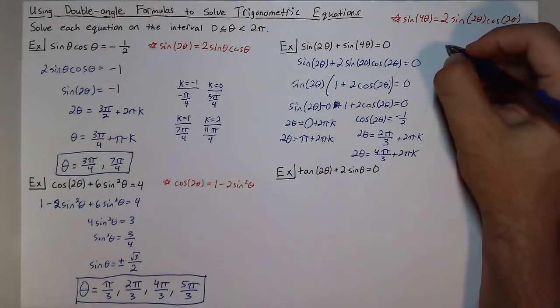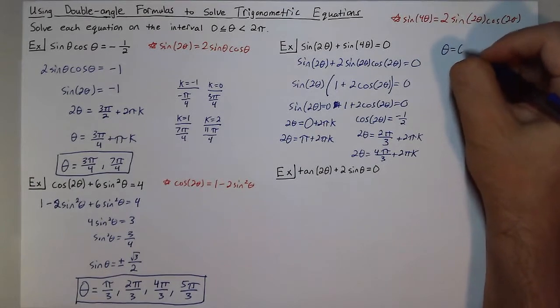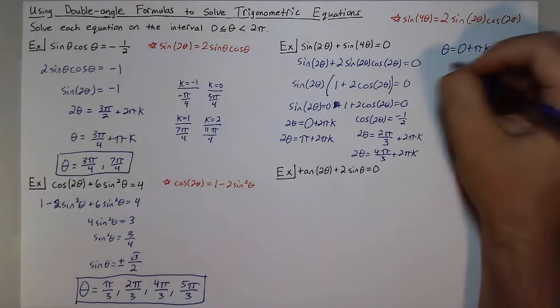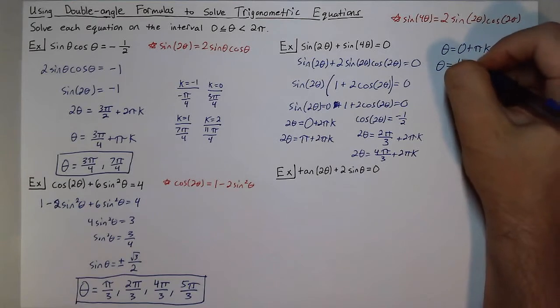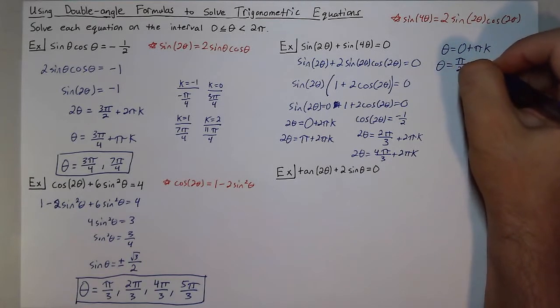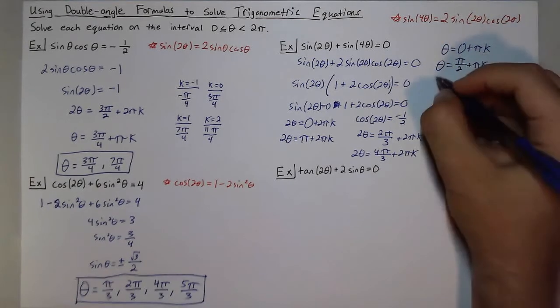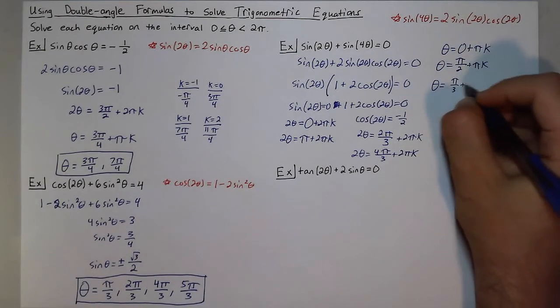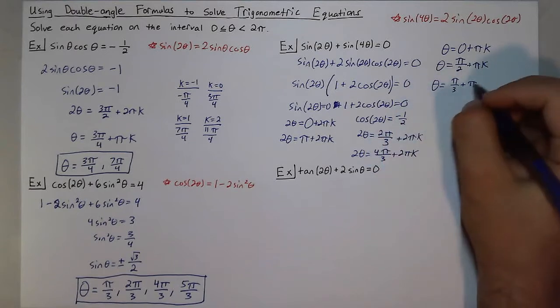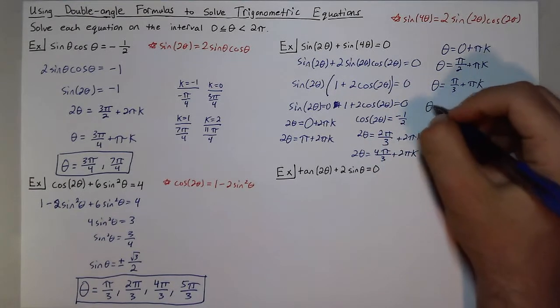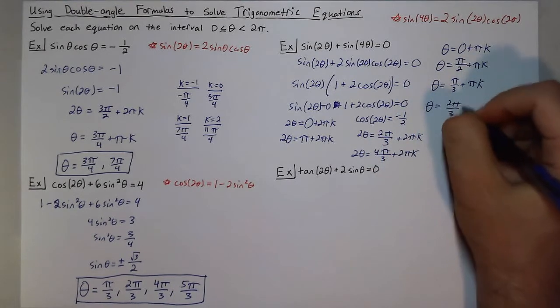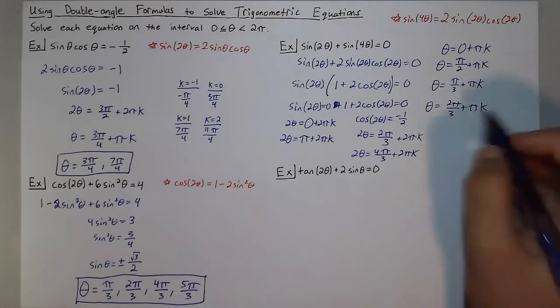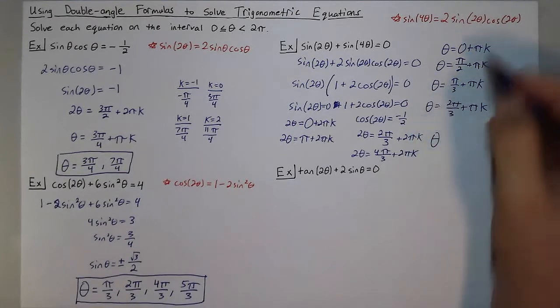And my general equations now become 0 plus pi k, pi over 2 plus pi k, pi over 3 plus pi k, when I divide 2 pi over 3 by 2, and 2 pi over 3 plus pi k.